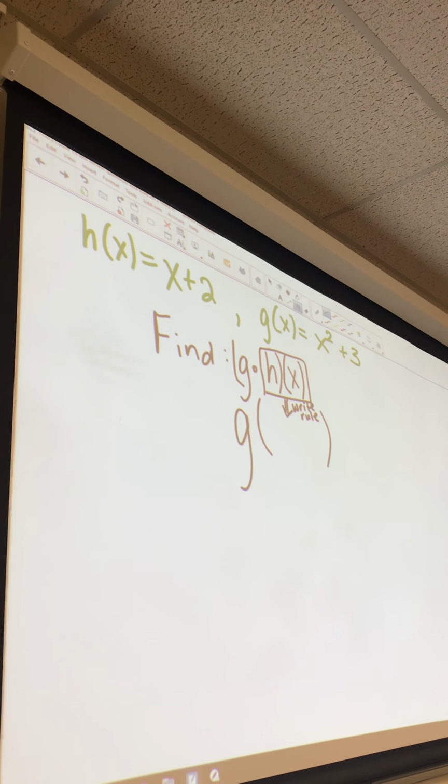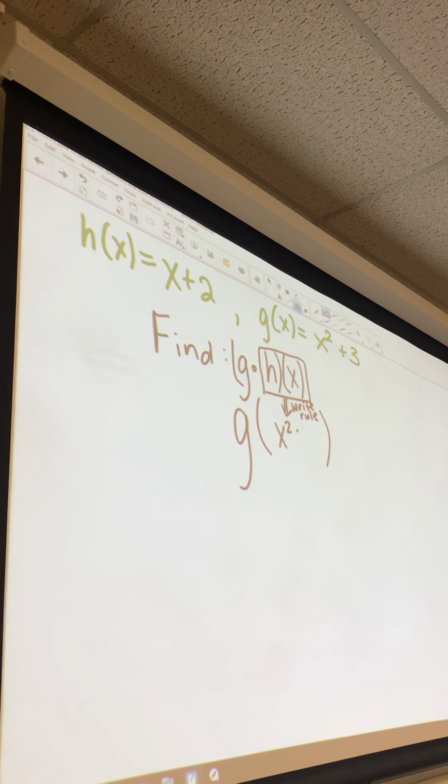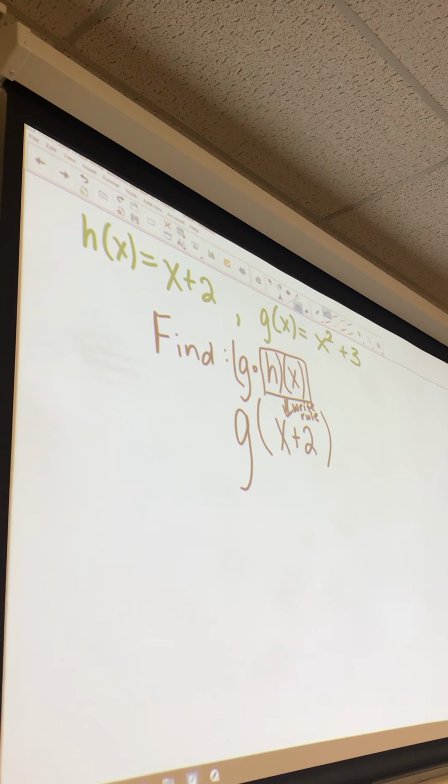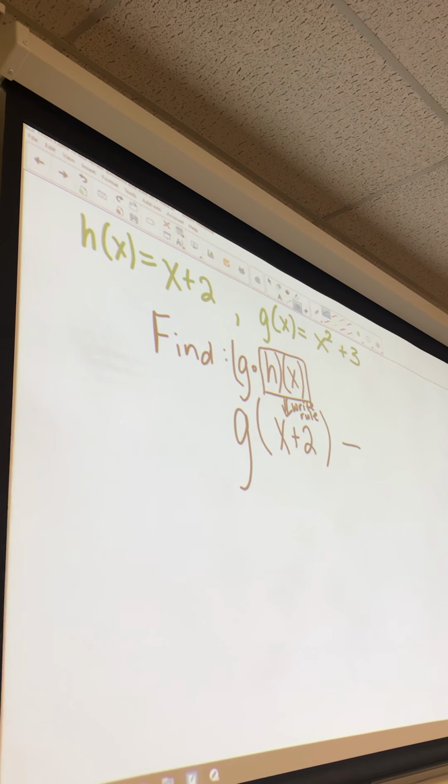So G comes down, and now instead of it saying G of h of x, it's going to say G of x, whoops, my bad, x plus 2. Because that's the h of x rule. Okay? Now, what does that want us to do?